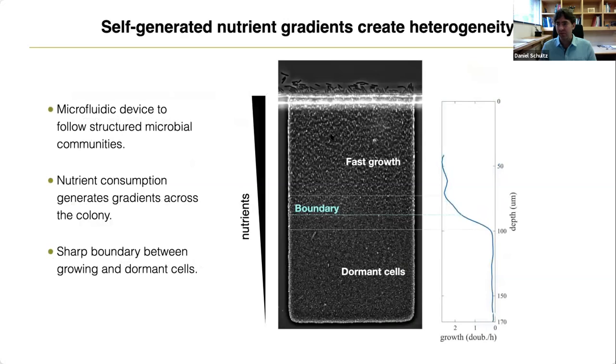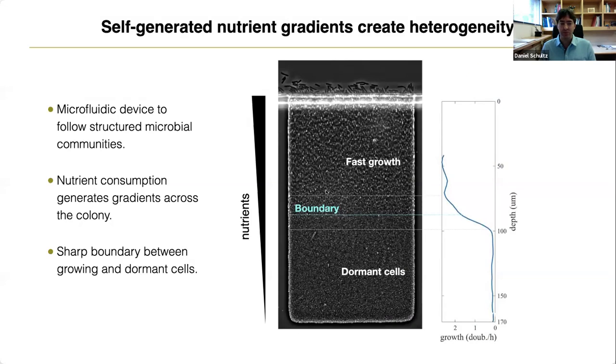So we have another microfluidic device to study these structured colonies. It's very similar to the one that we just looked at, but the channels are larger, so we can fit the entire colony over there. Well, not entire, but like a microcolony. So nutrient only comes from the top.